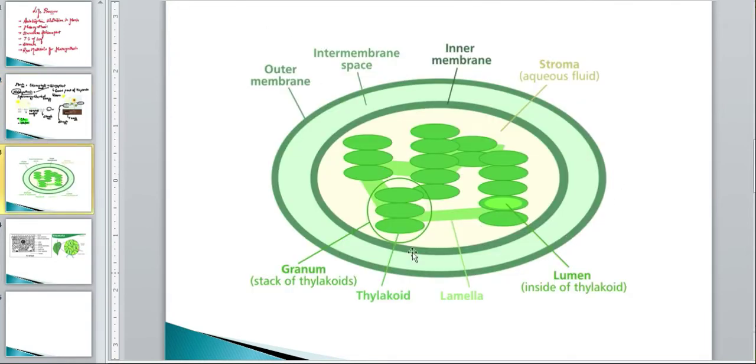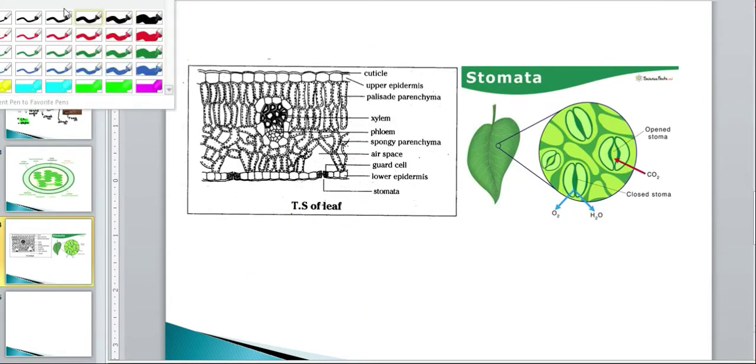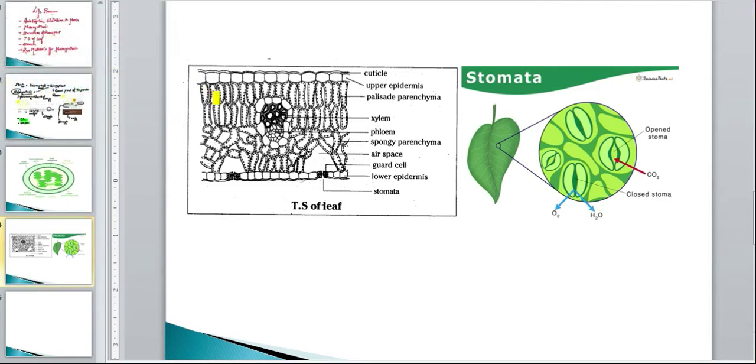Now, this is the structure of the chloroplast. Chloroplast is present in the leaf cells. Just see here, you will be able to see the dotted structures in the cells, right? So these elongated cells and these somewhat cylindrical cells are the mesophyll cells.